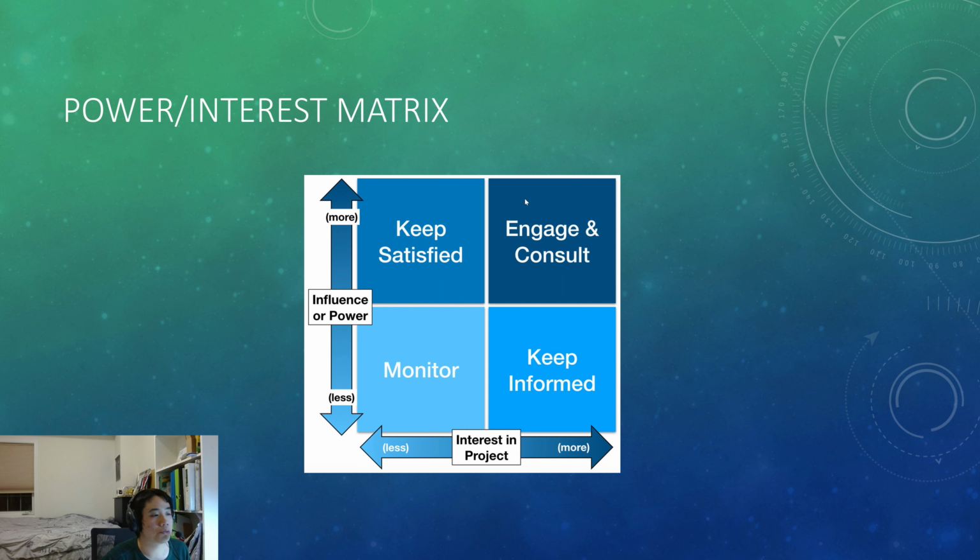Actually, I'm not going to say quadrants one, two, three, or four. I'm just going to stick to the top left quadrant. In the top left quadrant, you just want to keep them satisfied, because that particular stakeholder has really high authority or influence, but they are not that interested in the specifics of your project.